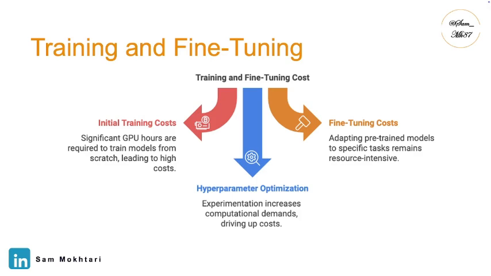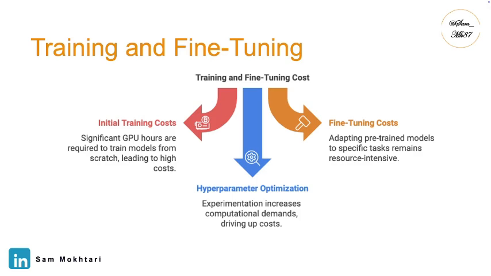Training a generative AI model from scratch is another key cost driver, which requires thousands of GPU hours. This makes it impractical for most organizations to train these generative AI models from scratch.